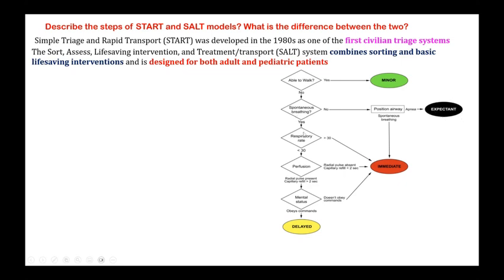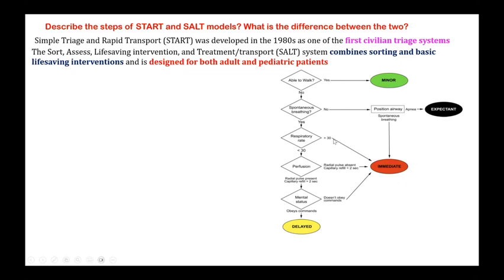If the patient is breathing spontaneously, then look at the respiratory rate. If it is less than 30, nothing serious. Look at the perfusion. If the radial pulse is present and capillary refill is less than 2 seconds, fine; if more than 2 seconds, there is a delay. Look at the mental status and sensorium. If he obeys commands, then he goes into the yellow category where he can just wait and be treated later.